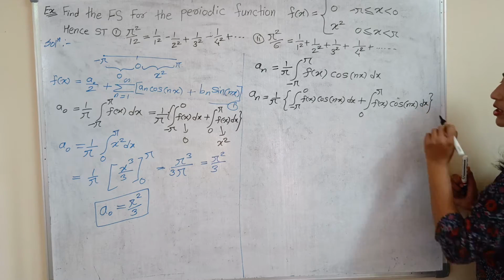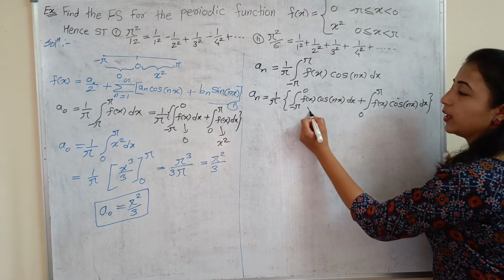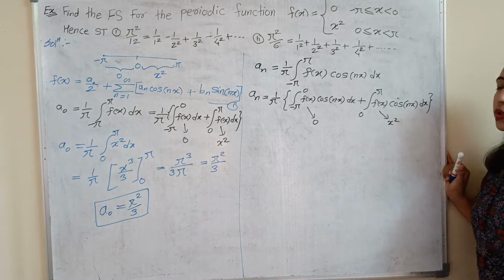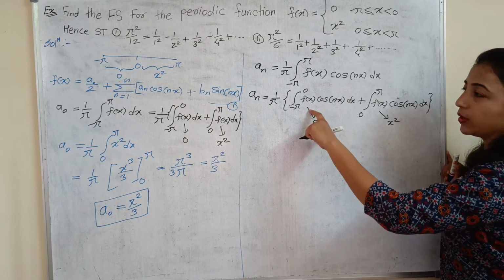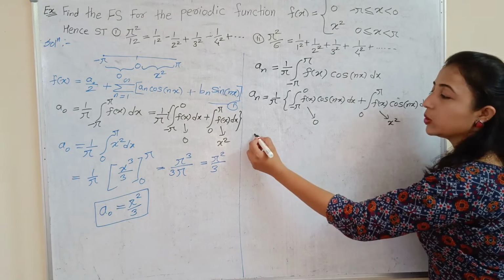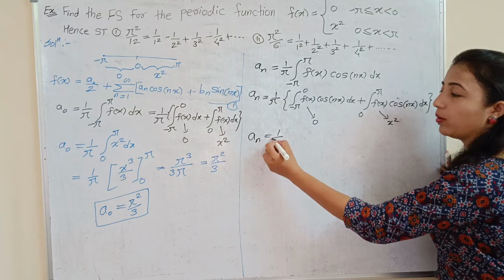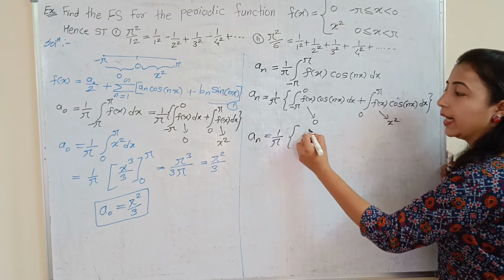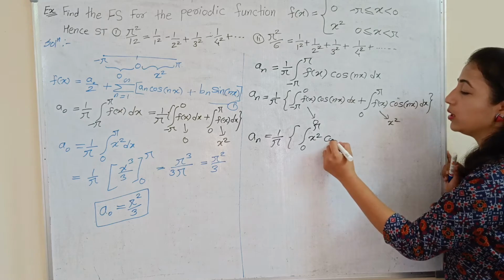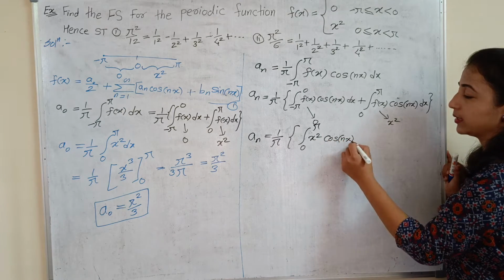Put the value of function interval wise. Here this function f of x is 0 and it is a x square. So first integration completely is 0. So I will write simply second integration. So that means our an is 1 upon pi outside term as it is. Integral 0 to pi, it is x square cos nx dx.